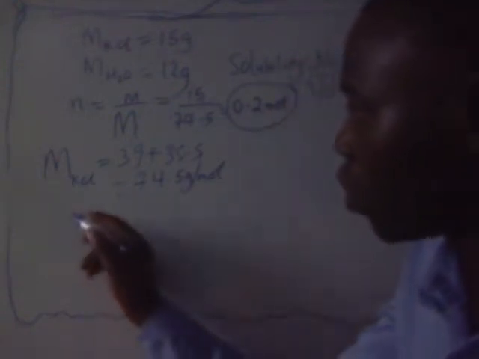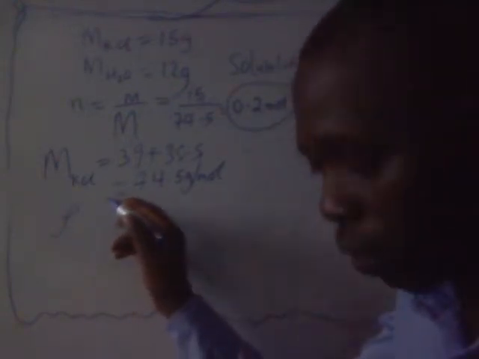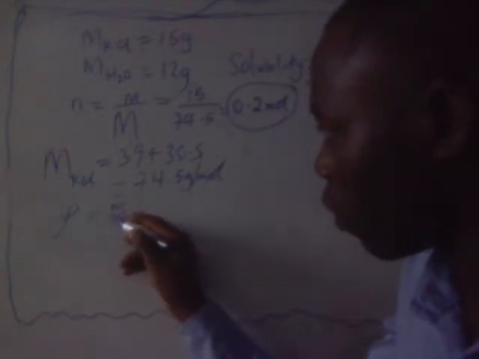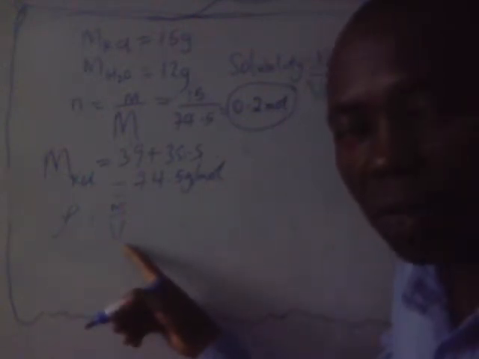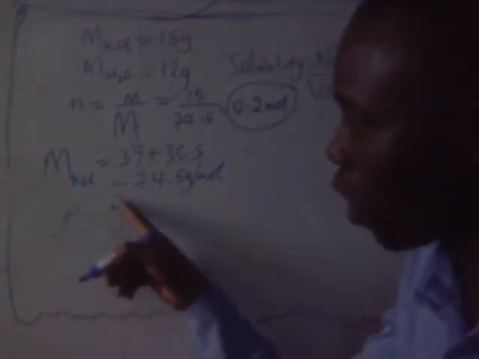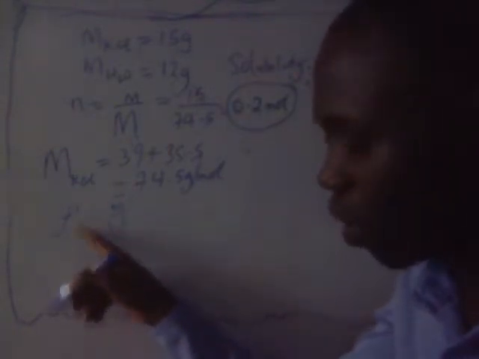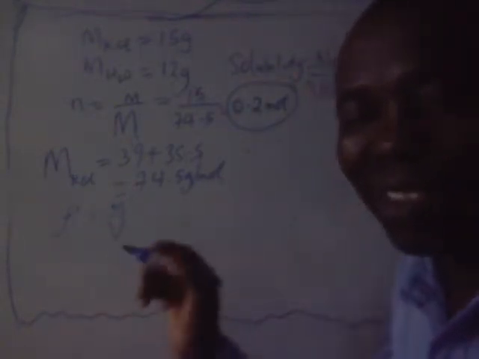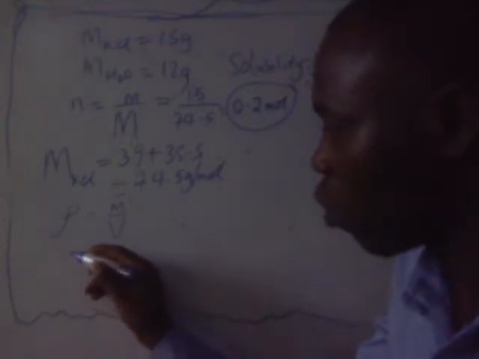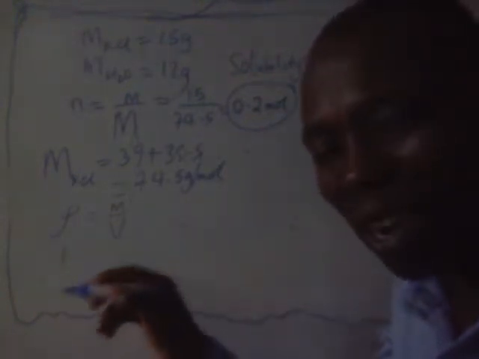Density equals mass over volume. This is a formula in physics, right? So we say that the density of water at room temperature is 1 gram per cm cube.